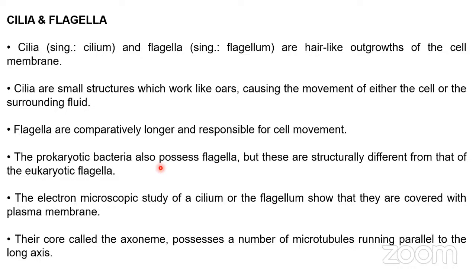The electron microscopic study of cilium or the flagellum shows that they are covered with the plasma membrane, and their core is called the axoneme. They possess a number of microtubules running parallel to the long axis, as we will see further.